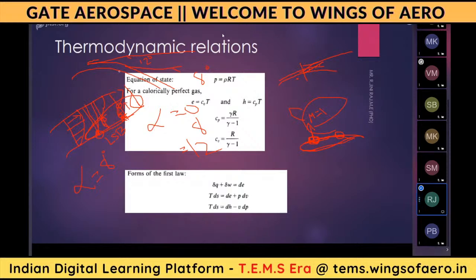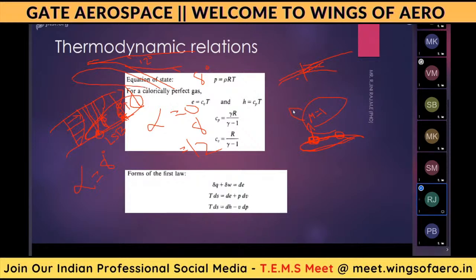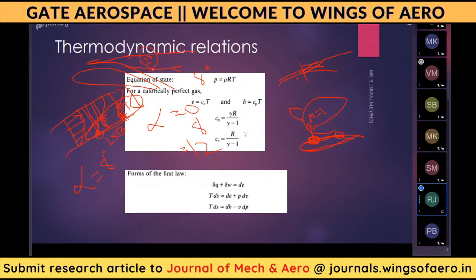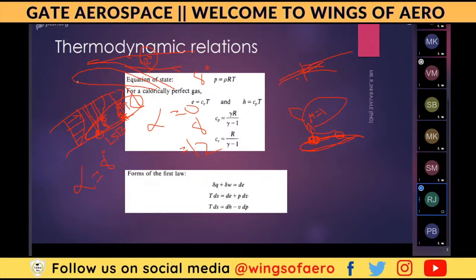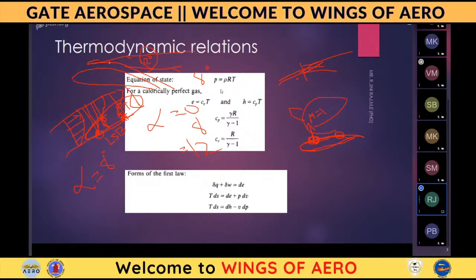Suppose I am designing, say, a NACA 4412 aerofoil that will stall at 12 degrees. Suppose I am designing some aerofoil with a morphing concept or some other concept, what will happen? The separation moves backward.